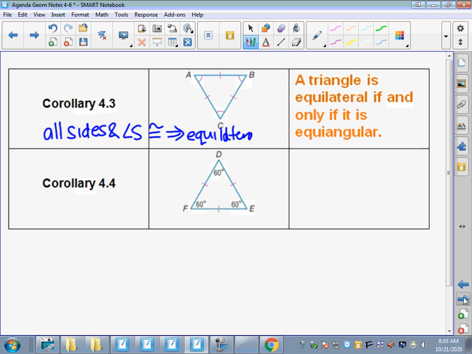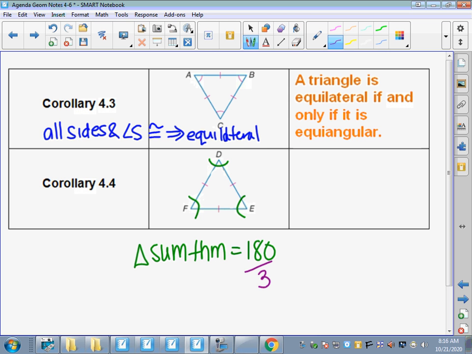Equilateral. All sides and angles are congruent. Corollary 4.4 takes that one step further. I wish I didn't have these little degrees in here. If we knew that all the sides are congruent, which means that all the angles are congruent, and our triangle sum theorem tells us that the three angles of a triangle add up to 180, I've got to split that 180 evenly between those three angles, right?